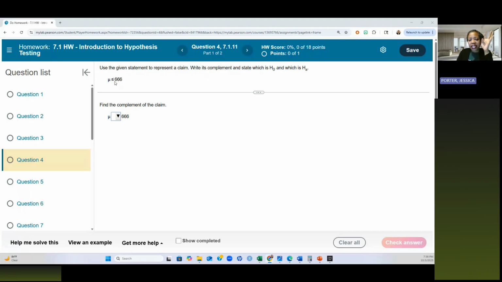So if I have a less than equal sign, what sign will represent the complement of that claim? And you can type it in the chat. It's on your keyboard. What sign would be the opposite of less than equal to?